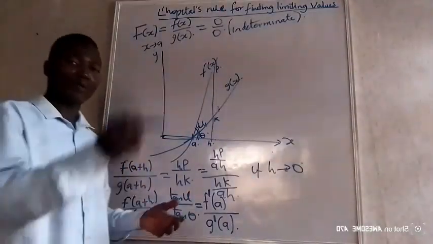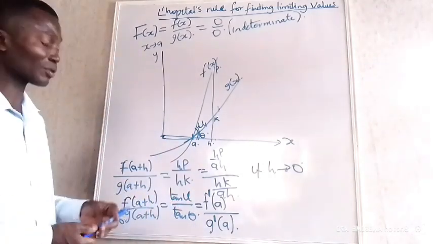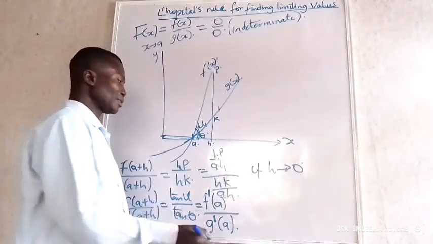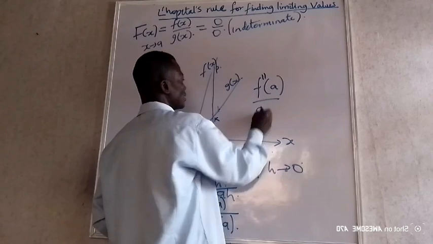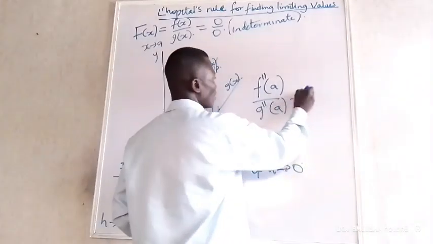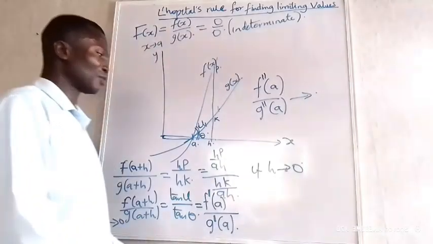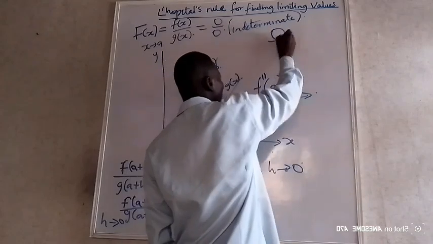If at the same time, that first time, it still gives you 0 over 0, you know what you will do? You will have to differentiate them again, and continue until you get a certain value for it. Please note, this is only applicable when you have it as 0 over 0.